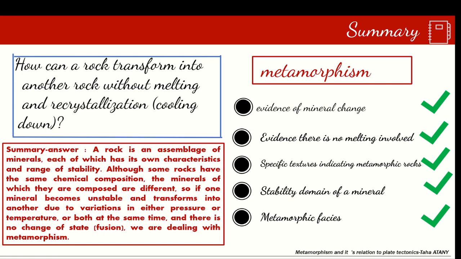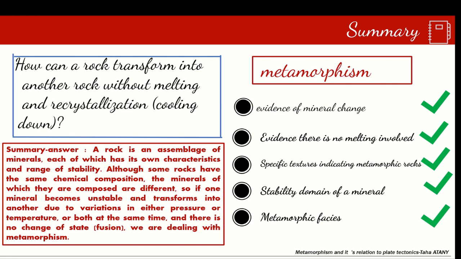Therefore, a rock, as a definition, is an assemblage of minerals. Each mineral has its own characteristics, although all the minerals would have the same chemical composition. So, if due to geological phenomena temperature or pressure shifts, the original mineral becomes unstable and transforms into another mineral.